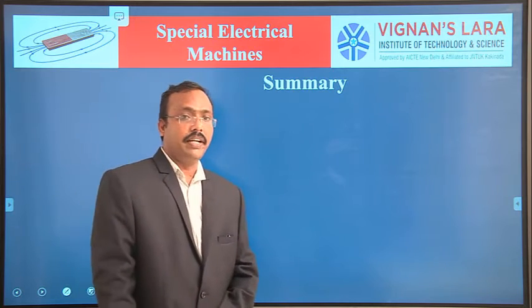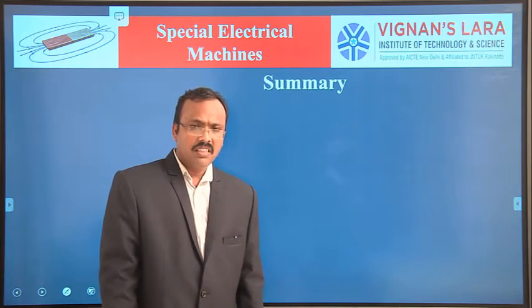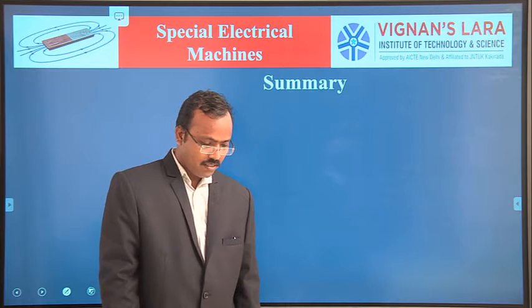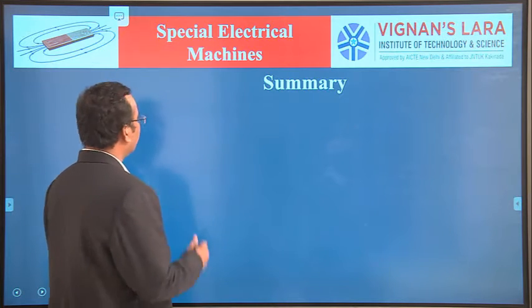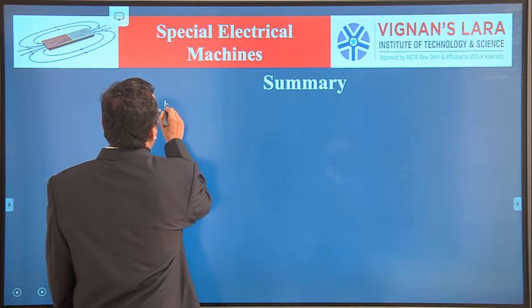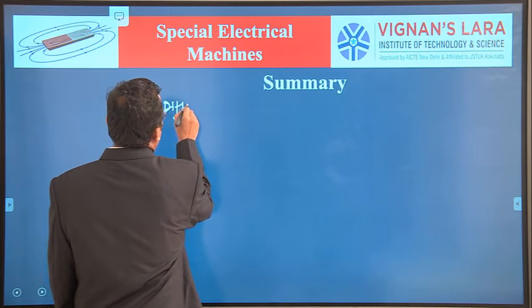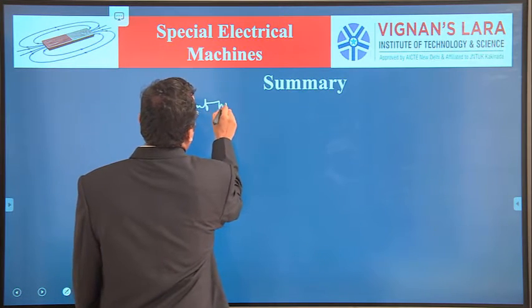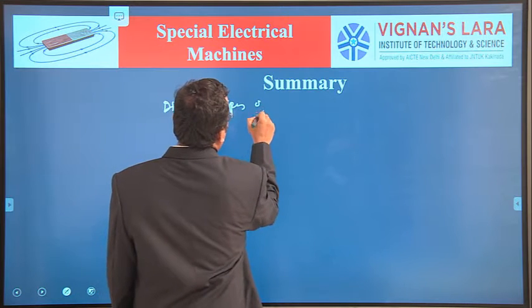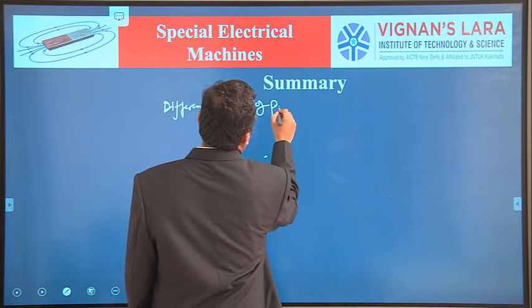Next is the summary of this class. First, we discussed the different types of permanent magnet materials.